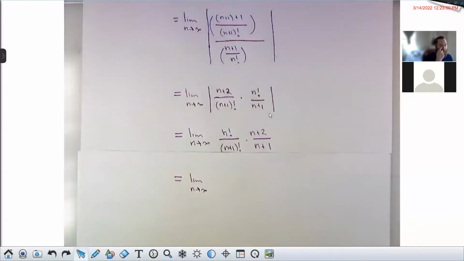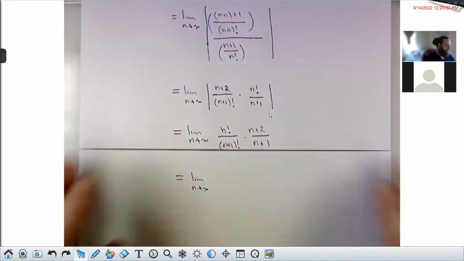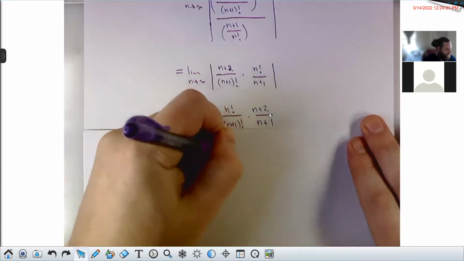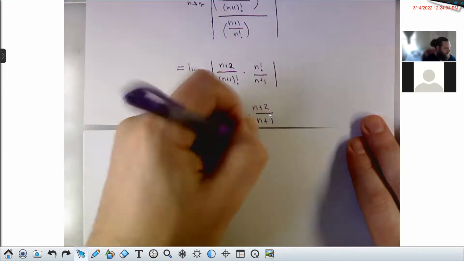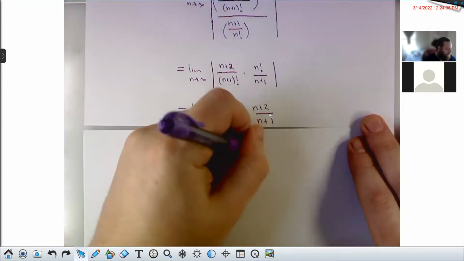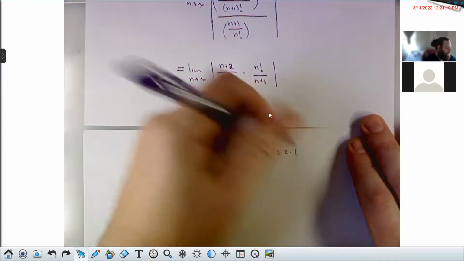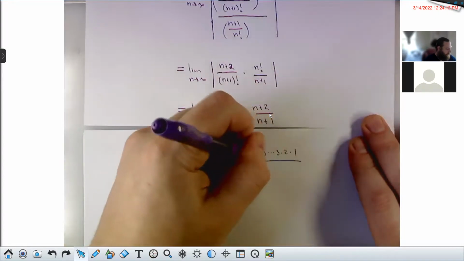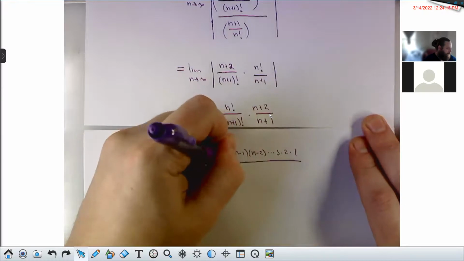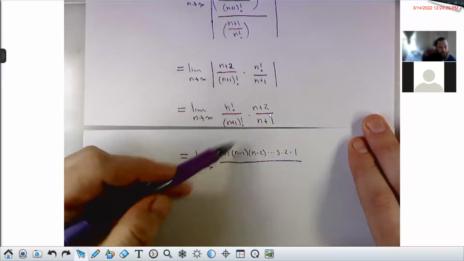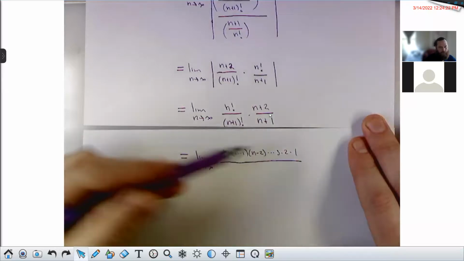I need to simplify n factorial over (n plus 1) factorial. And the trick to simplifying factorials is to just write them out. N factorial is n times n minus 1 times n minus 2, all the way down to 3 times 2 times 1. Anything factorial is that thing times that thing minus 1 times that thing minus 2, all the way down until you get to 1.